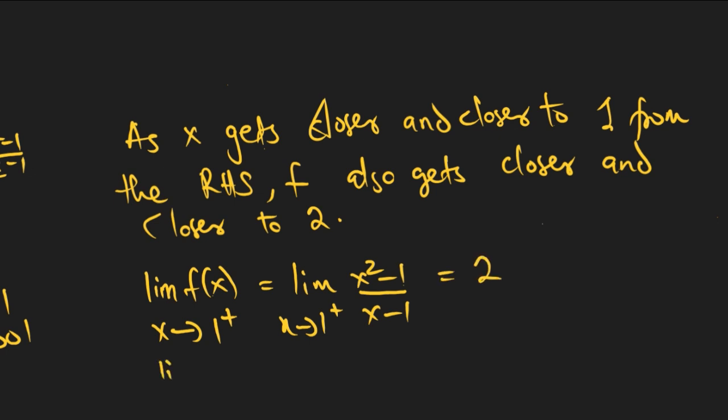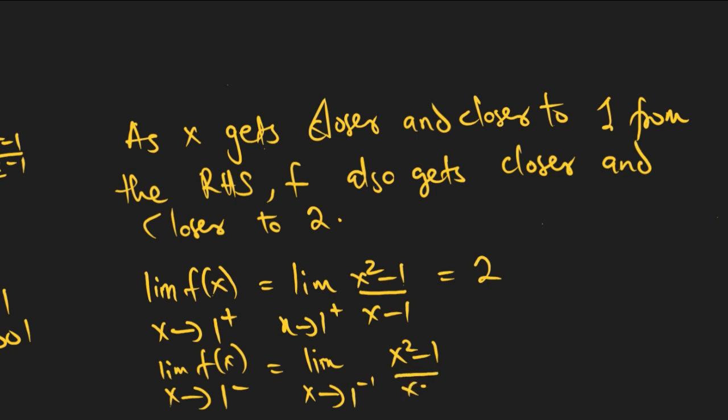Also, the limit as x approaches 1 from the left hand side of x squared minus 1 over x minus 1 is also equal to 2.